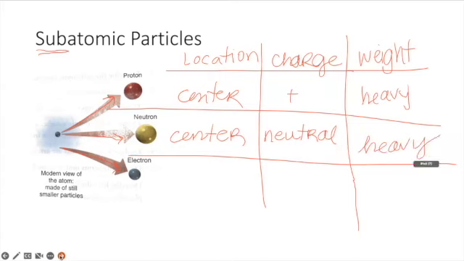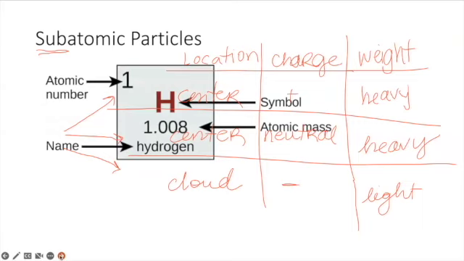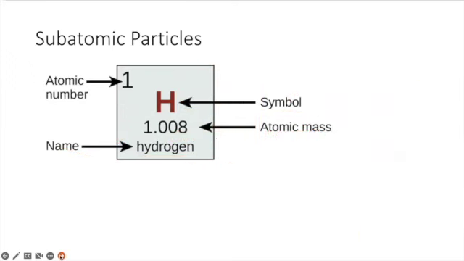The electron hangs out in the cloud, has a negative charge, and in comparison is kind of light. So this is different for every element.